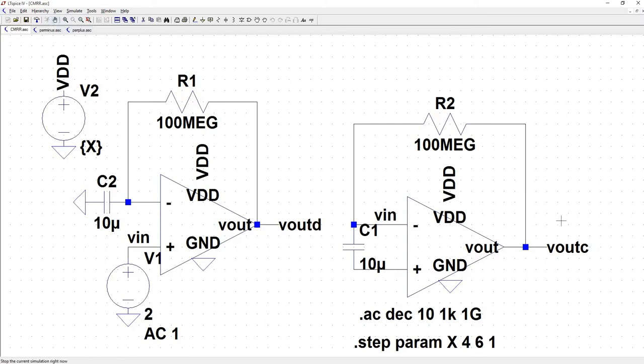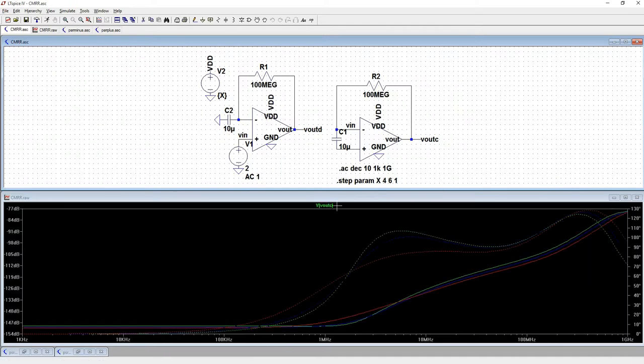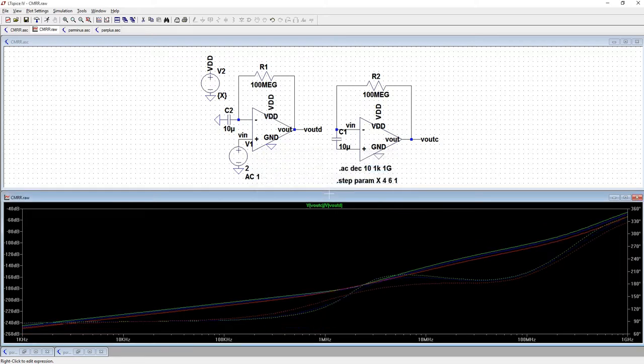So if we run this simulation, this might take a second. We've got quite a bit going on. So we're going to take this output, we're going to divide it by the voltage seen at V out D. Oh, that's terrible.